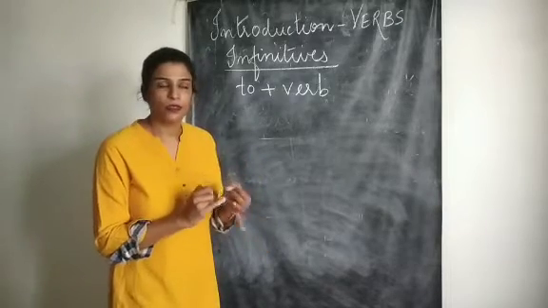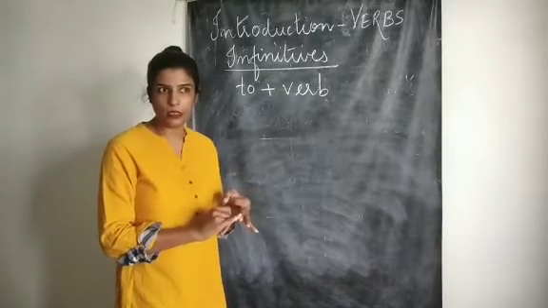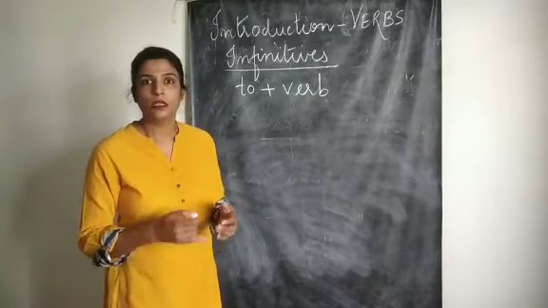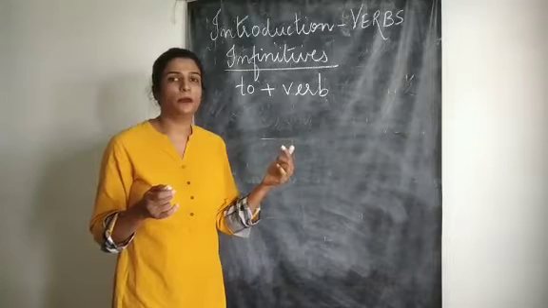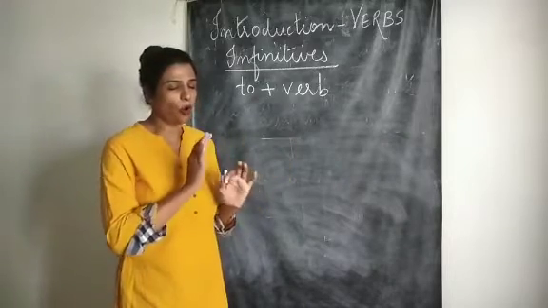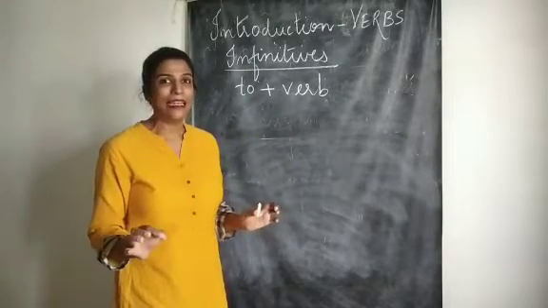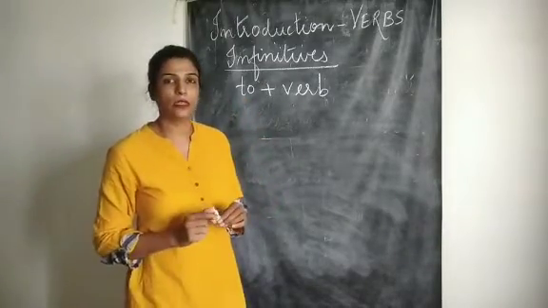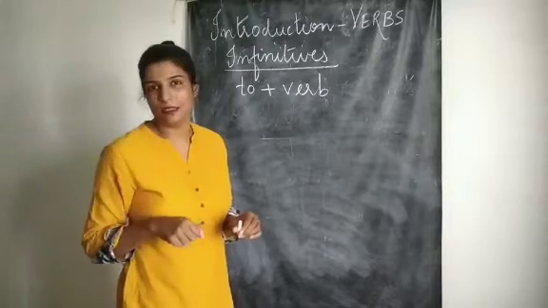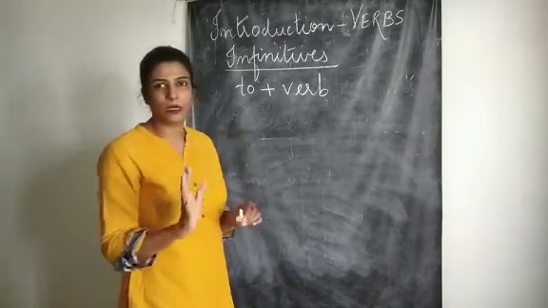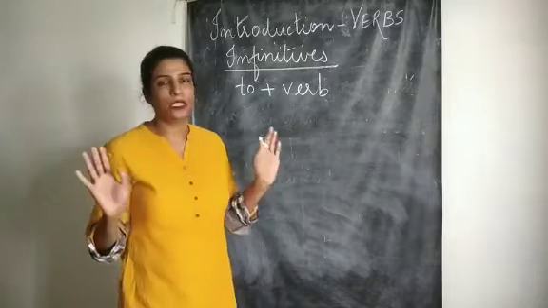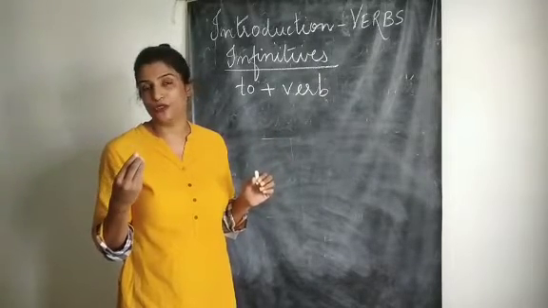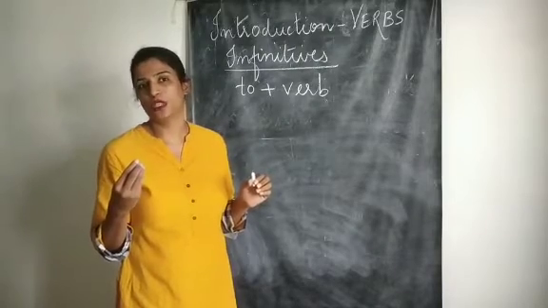To sing, to eat, to dance, to bathe, to practice, to rehearse. Whichever verb I called out is the normal form of the verb, and I added the preposition to it. In my prior example also I said, she loves to eat ice creams. They love to watch cartoons. He just loves to laze around. So these are the words which will not change in accordance with the subject's number.